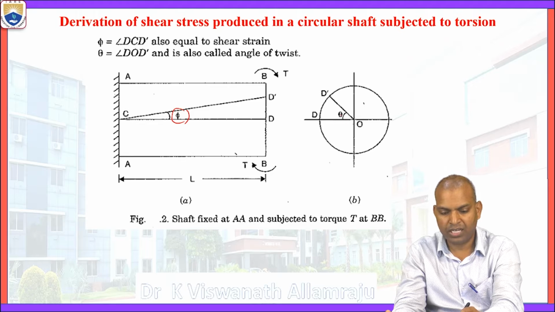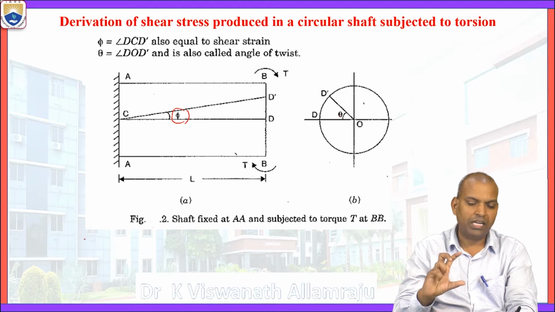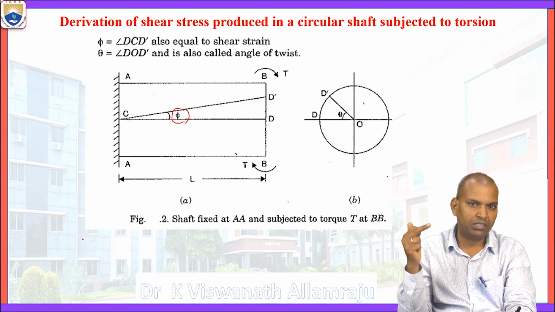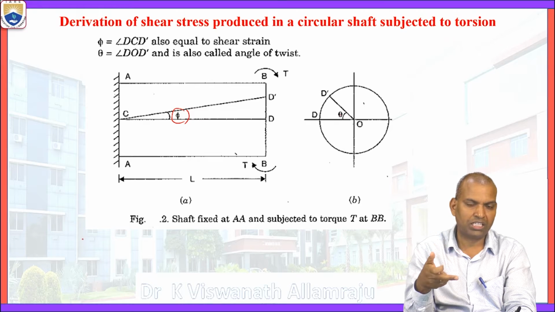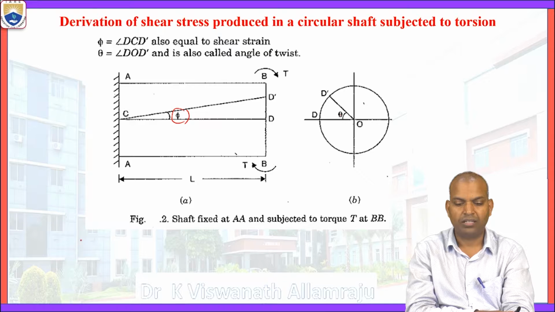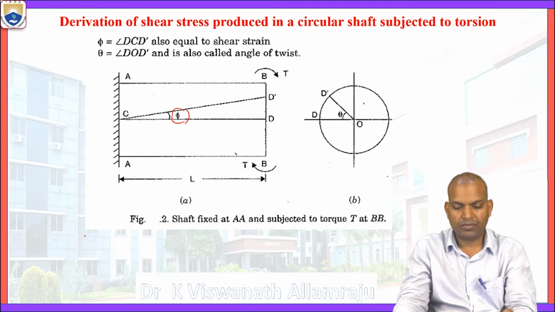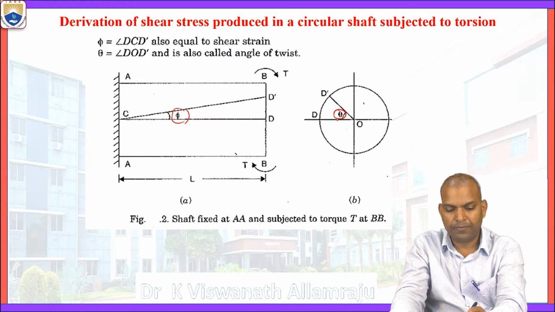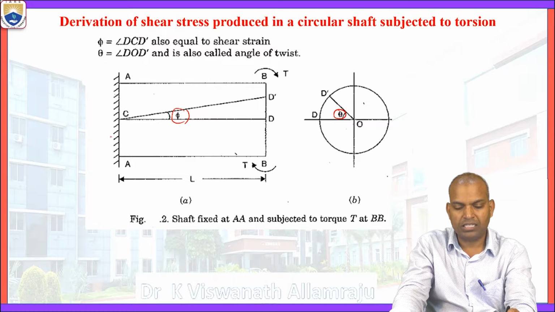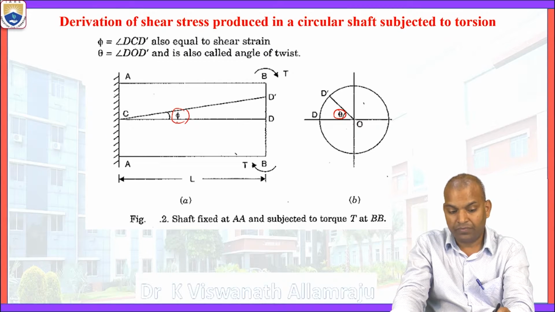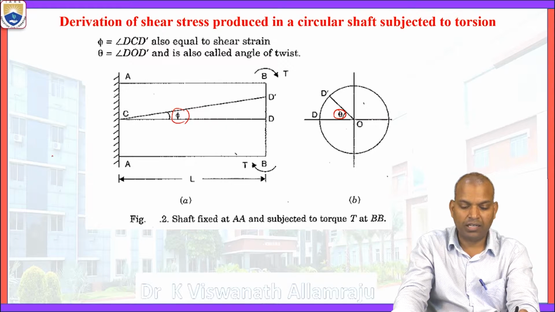The angle D O D dash is the angle of twist. The angle of twist can be observed in the side view along the cross section, whereas the shear strain is observed on the surface. So angle D O D dash is theta, the angle of twist, and angle D C D dash is phi, the shear strain.